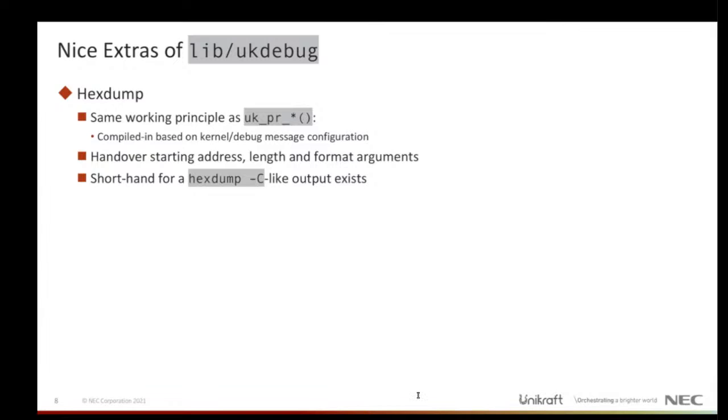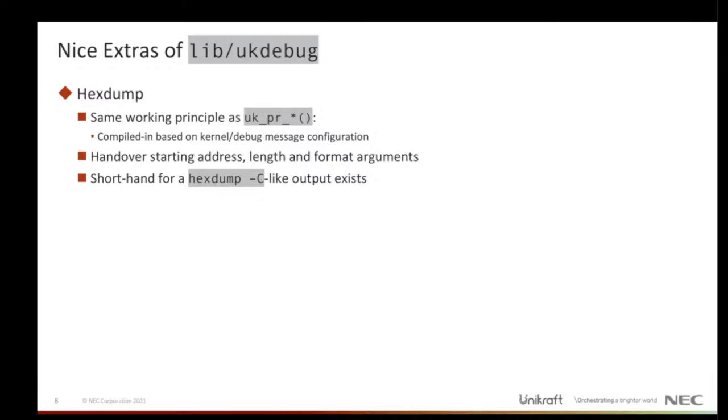The nice thing about hexdump is that you often come into the situation that you just want to dump the content of a memory area because you want to check something. You just hand over the pointer of your memory object, the size of it, and some format arguments for the output. Or, if it needs to be really quick, we even have a shorthand where you just hand over the starting address and the size, and you get a hexdump -C like output.